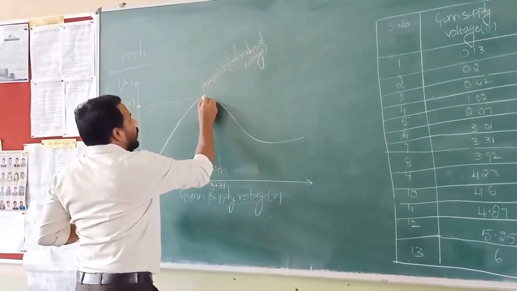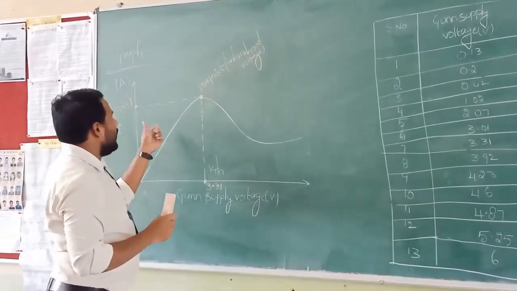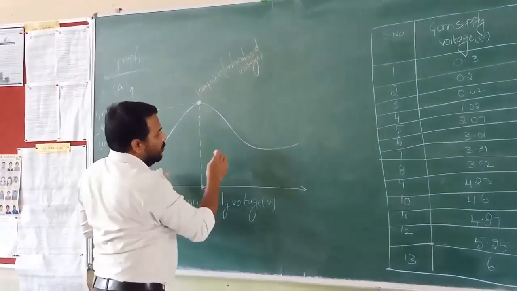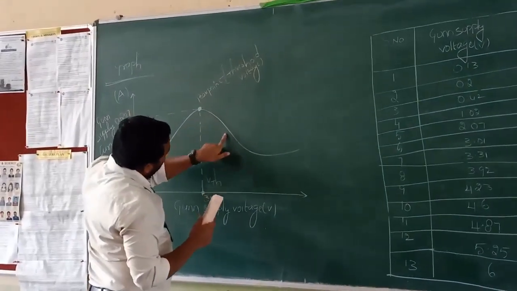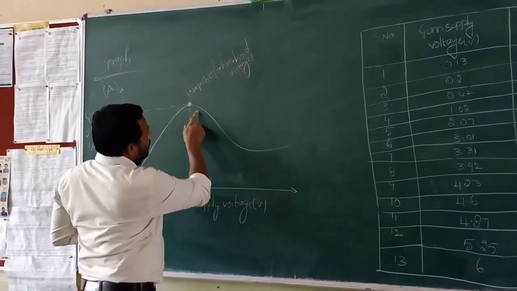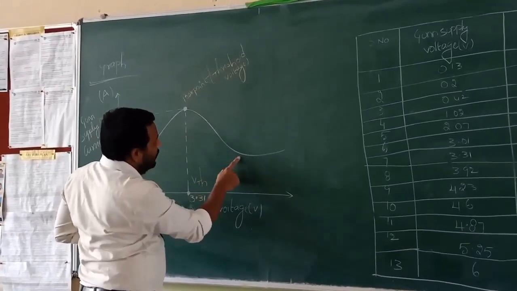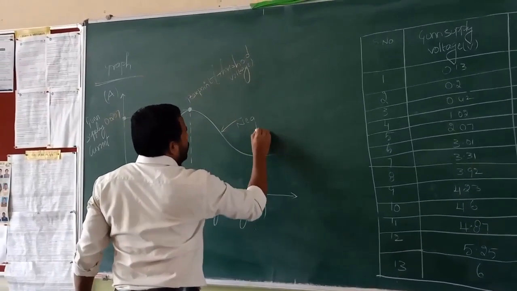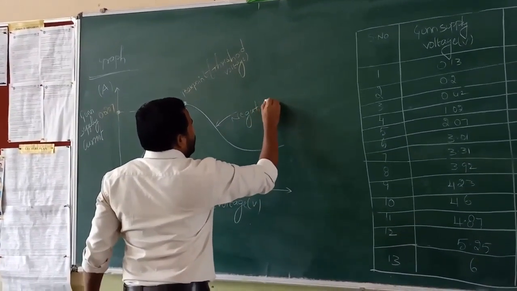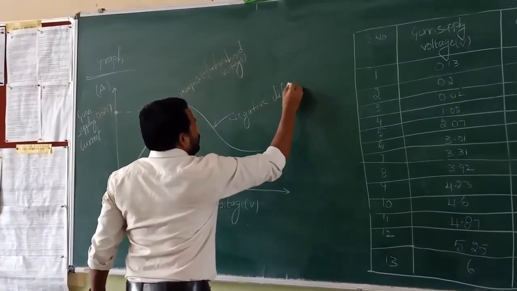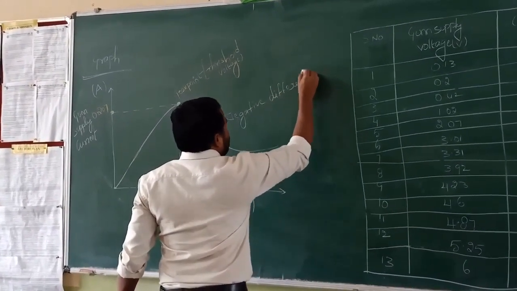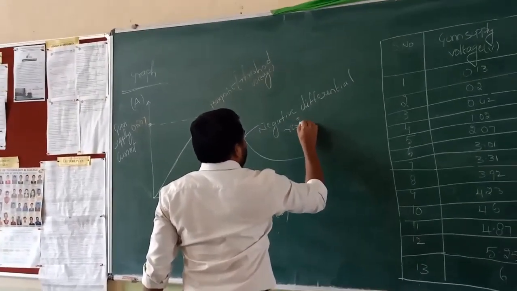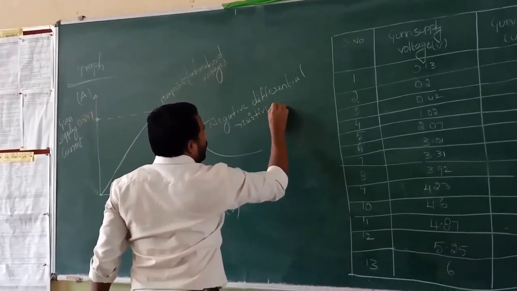After this point, by increasing the voltage up to 6 volts, the current decreases. By decreasing, it creates a negative differential resistive region.